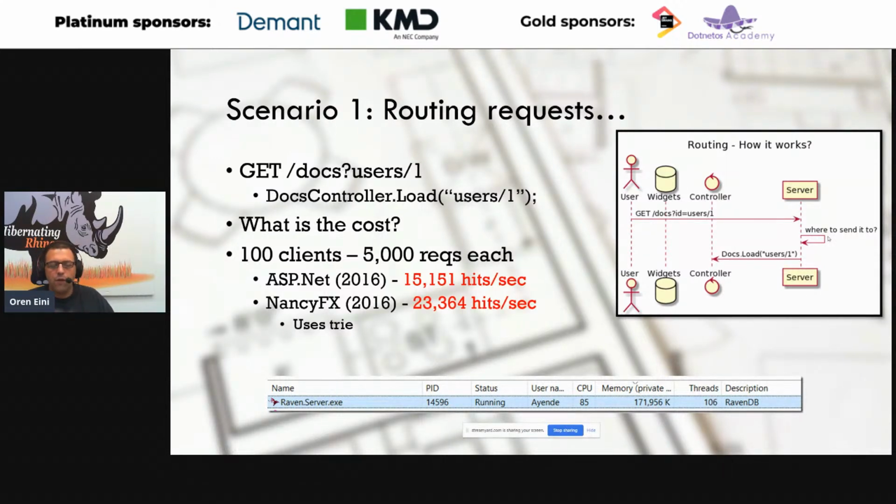So I wrote a very simple benchmark. This was in 2016. We were about 6 months into rewriting the architecture of RavenDB. And you can see here that with 100 clients, 500 requests each, so a total of 500,000 requests, we're getting really respectable numbers.